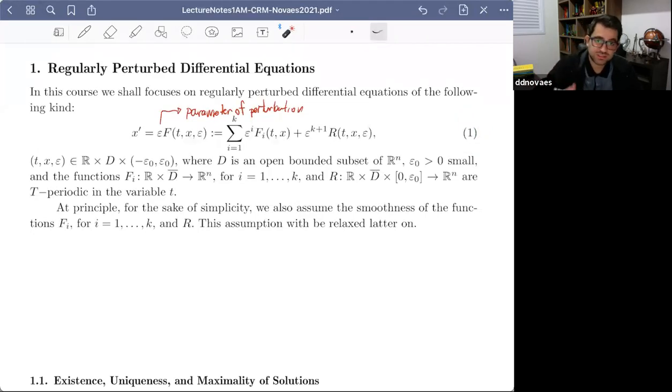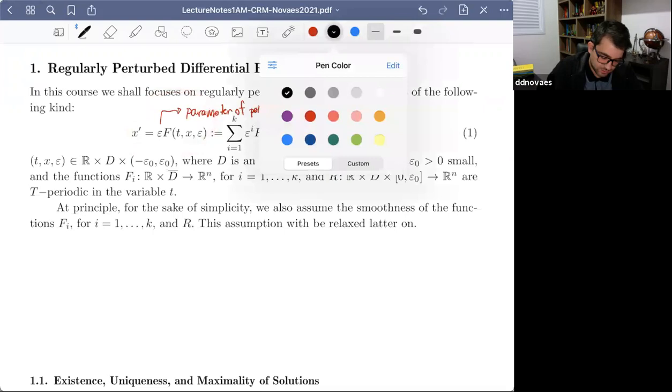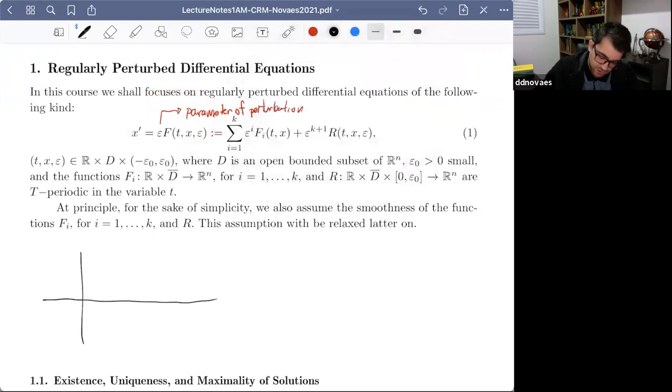Note that all the solutions of the unperturbed system, in this case x prime equals 0, are the trivial ones: the constant solutions. Here we have the time variable, here the spatial variable, and let's indicate here the open set D, the domain of our differential equation.